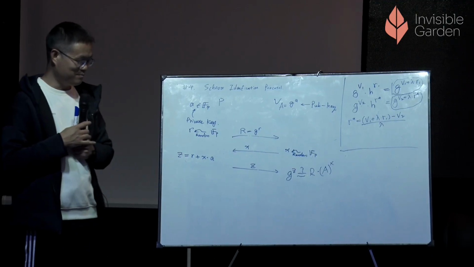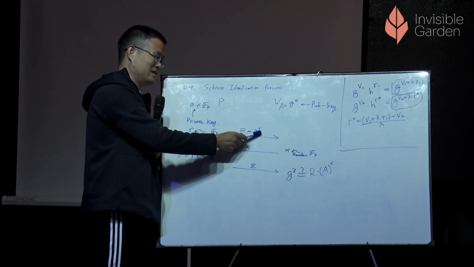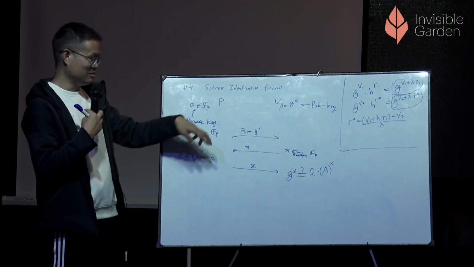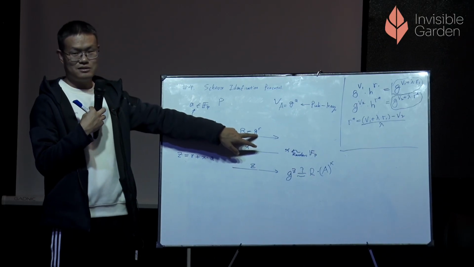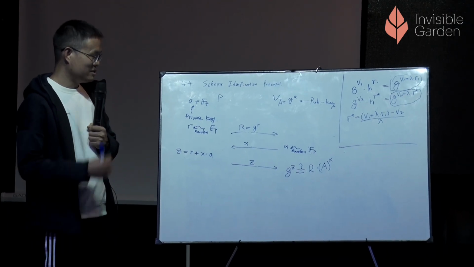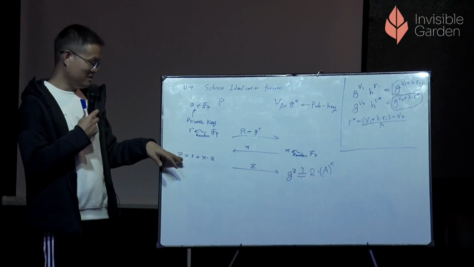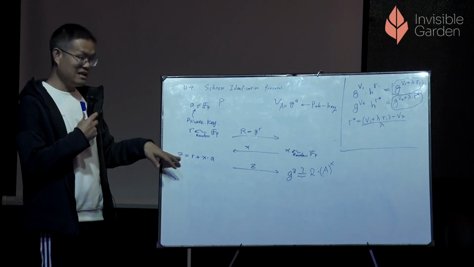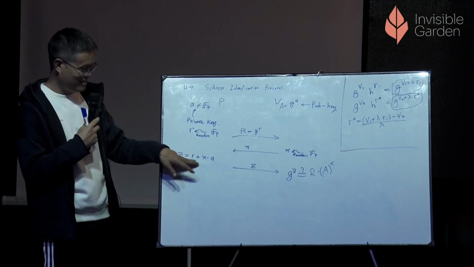But the point here is that R is also protected by using the capital R. So the verifier only knows the commitment of R. But still, the verifier can verify that Z, the third step, satisfies exactly this equation.